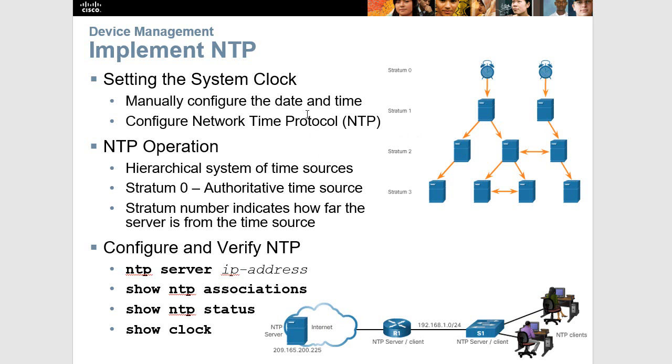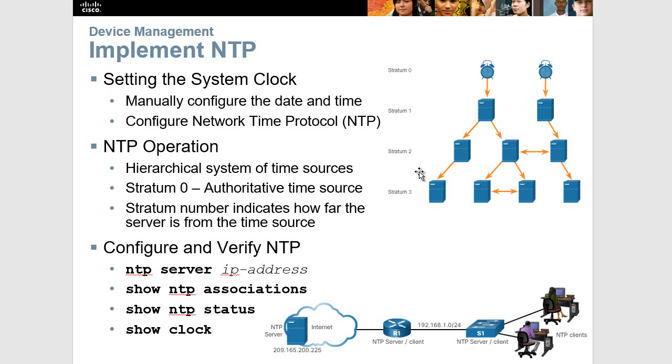So you do have two different ways of configuring your system clock, which is, one, manually, which could cause issues because you might not be totally synchronized, or you can configure the Network Time Protocol, in which basically your devices share time with each other, okay, and that time is obtained from some NTP server that's somewhat towards the top of this list.